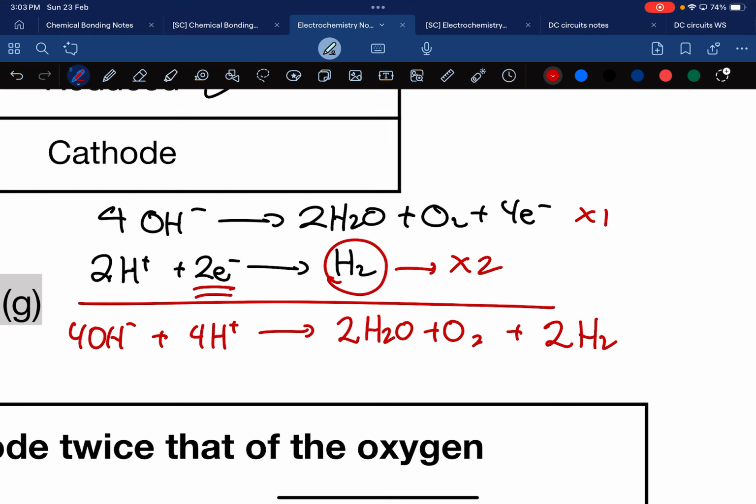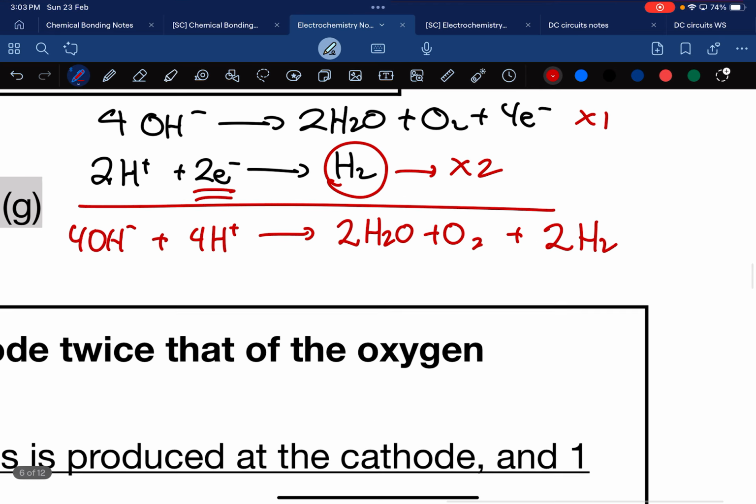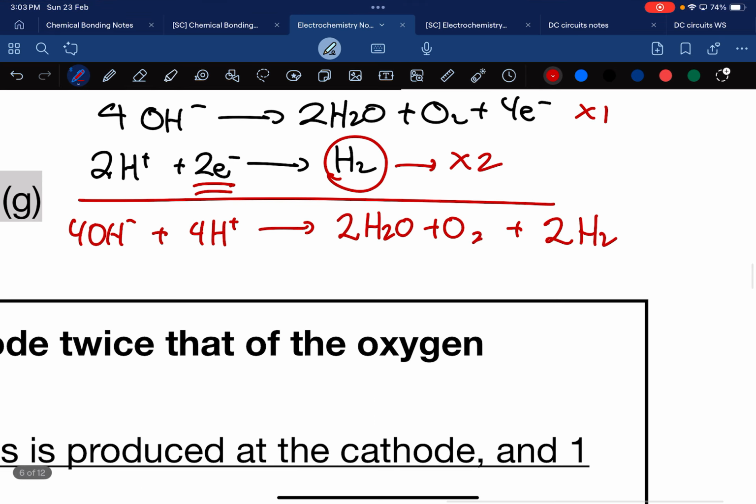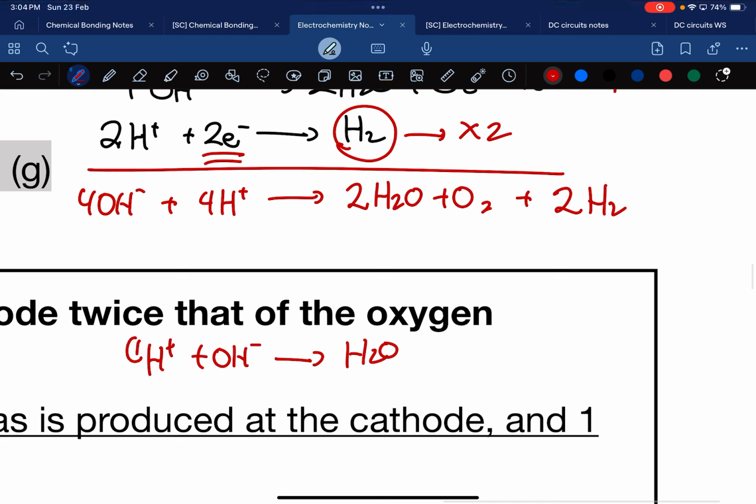Okay, now, you don't have to write this down. If I have H plus and OH minus, that gives you 1 H2O, right? Okay, so if I have 4 H plus and 4 OH minus, how many water will I form? Let me repeat my question. 1 H plus, 1 OH minus gives 1 H2O.